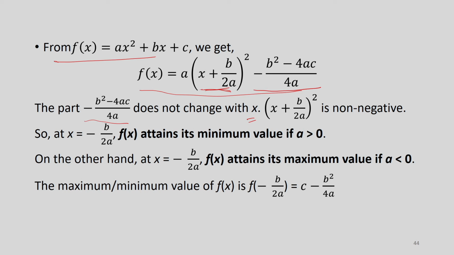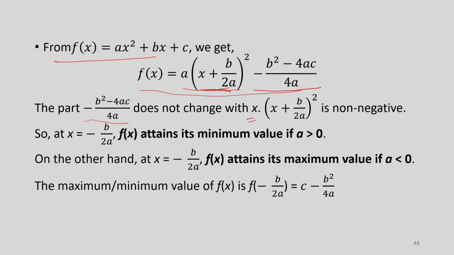Why am I saying that? Because if a is positive, then this entire first term is non-negative. So, this entire first term becomes 0, that is the least value of this first term, if x is equal to minus of b by 2 a. Okay, that is why I have said that f(x) attains its minimum if a is greater than 0.